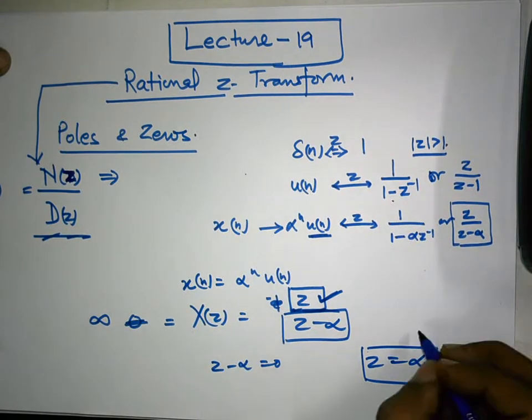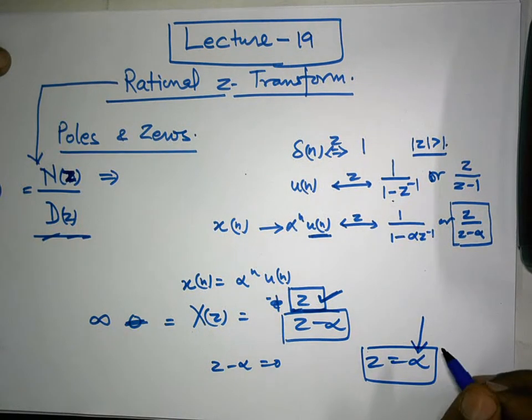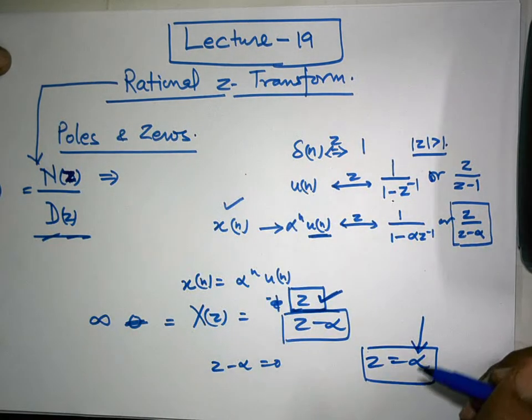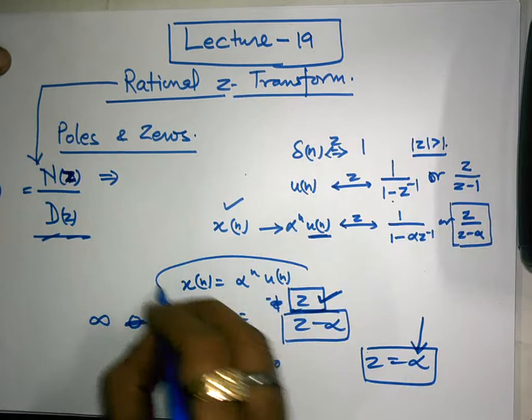This root is known as a pole of this rational function. Getting my point? This was one specific signal.